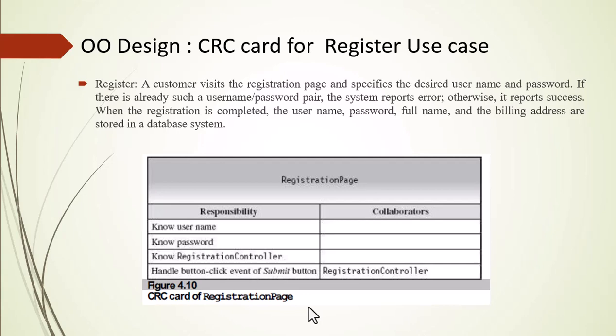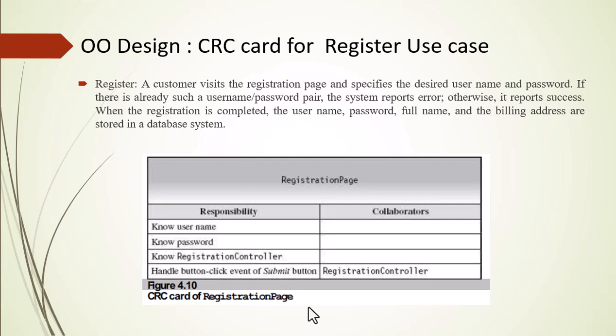The responsibilities are the username entry, the password entry, and knowing the username. This shows the username will be stored, as will the password. The registration controller is responsible for controlling this class.